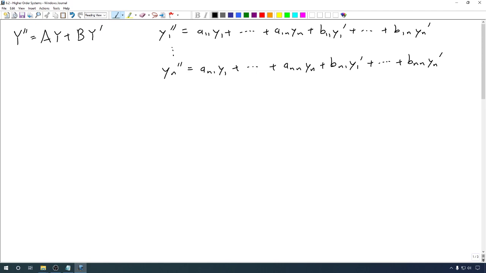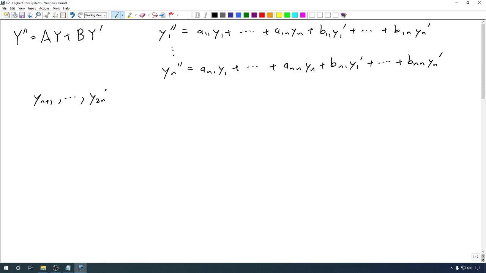Now, of course, we don't want to make up a brand new process for this. We'd rather just change it into the process that we talked about in the other videos. So how do we do that? Well, what we're going to do is introduce more functions. We already have y1 through yn, but now we're going to invent new functions yn plus 1 through y2n. So we're going to have n more functions. These aren't going to be brand new functions.